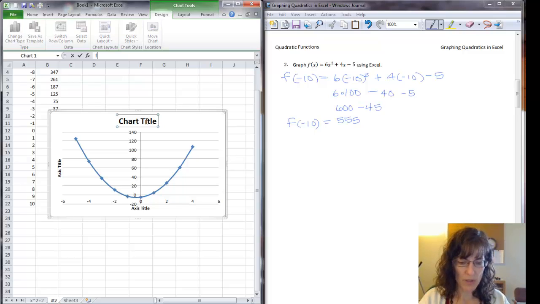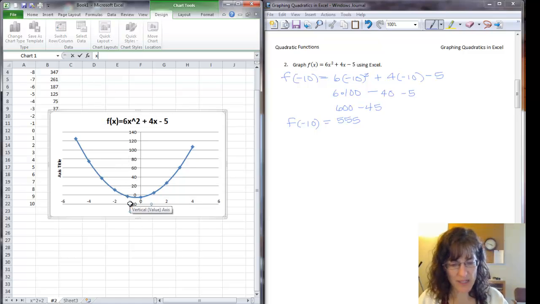So the first thing I want to do is f of x equals 6x squared plus 4x minus 5. And you can see that up here in what I'm typing, and down here it still says chart title, but once I push enter, it'll update. And there it is.